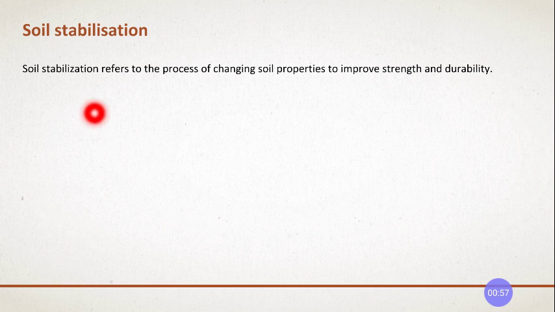Soil stabilization refers to the process of changing the soil properties to improve its strength and durability. Now, what does it mean by changing its soil properties? We are going to add some materials or some chemicals to it, right?